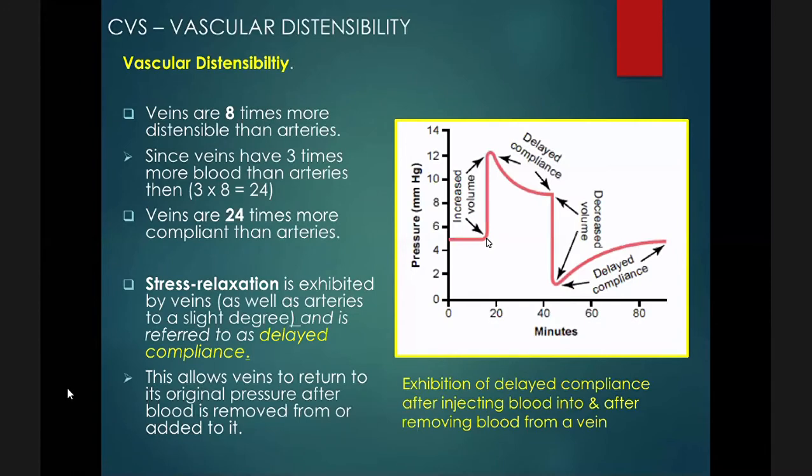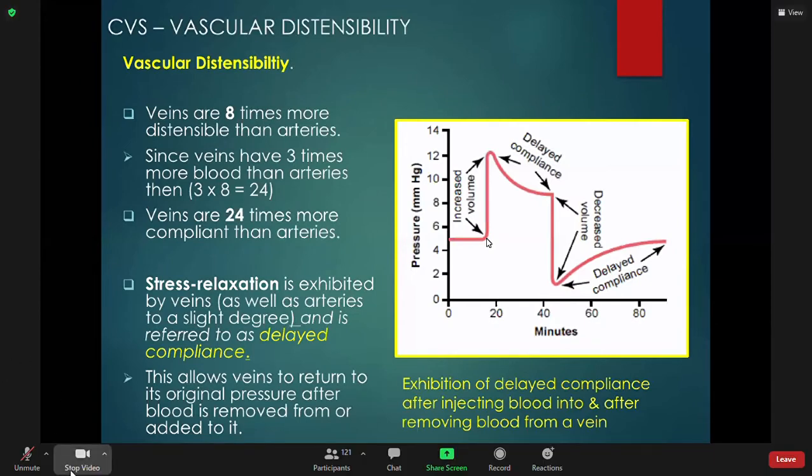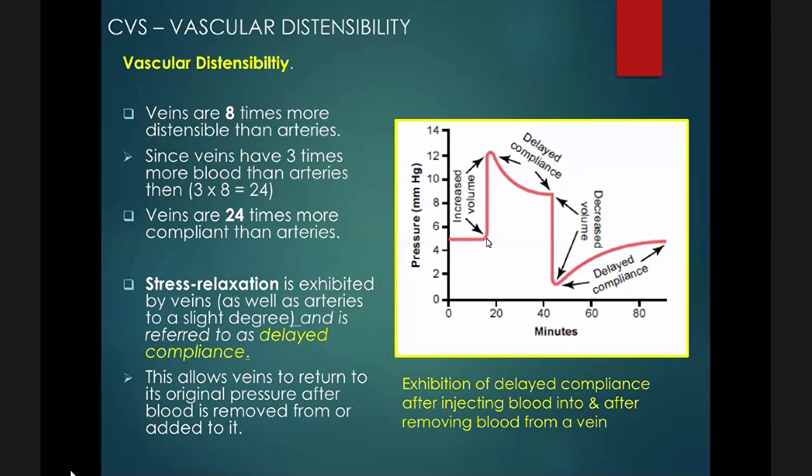So, for example, we have a vein. Tapos biglang you transfuse a volume of blood. What will happen is there will be a sudden increase in volume.